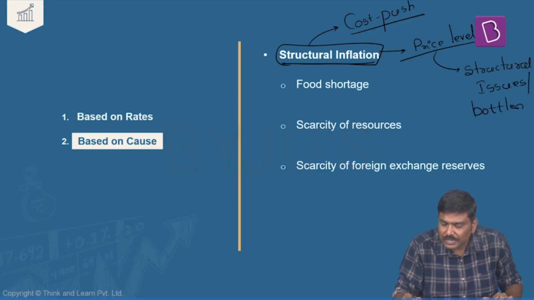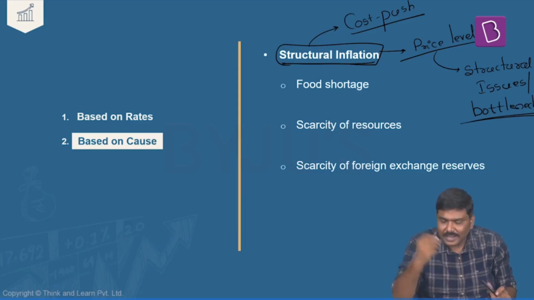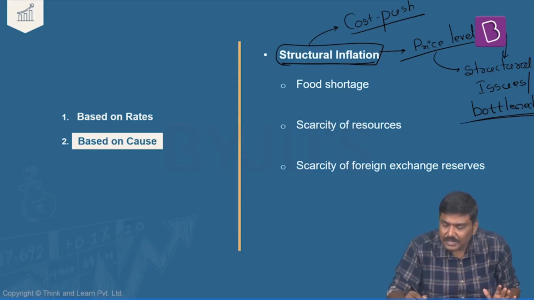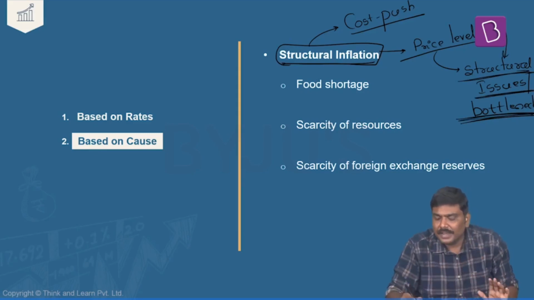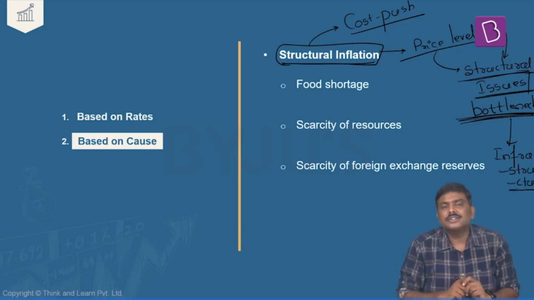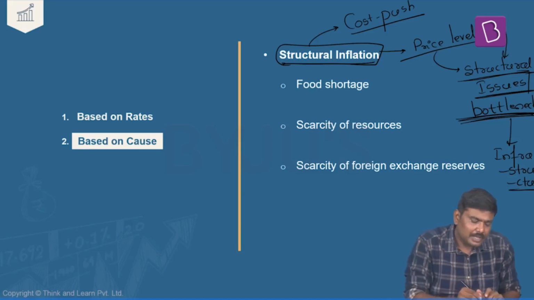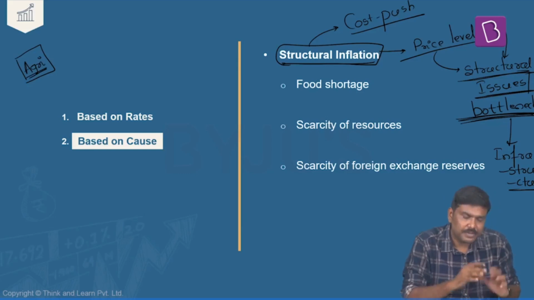Follow this very carefully. This particular inflation is happening because the price levels are increasing. The reason for that is there are certain structural issues or bottlenecks in infrastructure in a particular economy. Let me elaborate on this so that you understand it. Have a look at this. In case of India, here is a production in the agriculture sector. Imagine this is agriculture field.